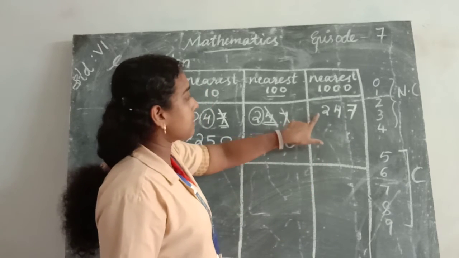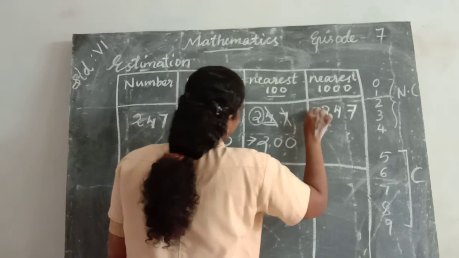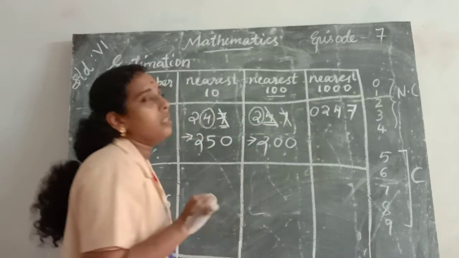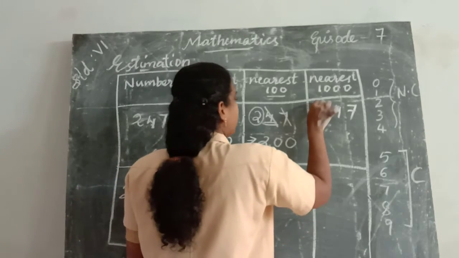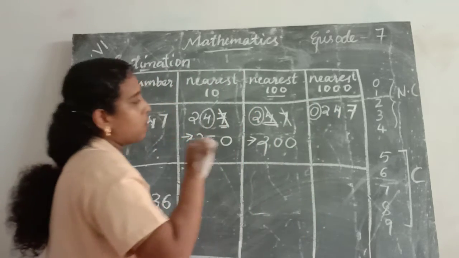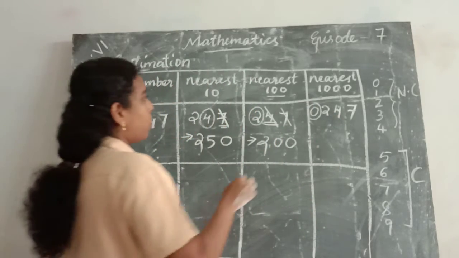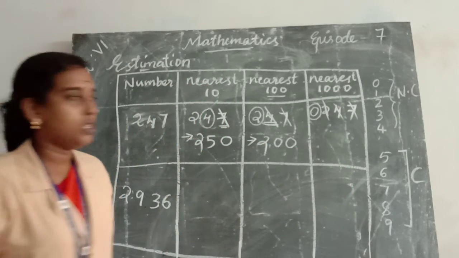There is nothing in the thousands position, so we put zero there, and then we round the digit at the thousands position, and we take off the numbers that come before the thousands position.